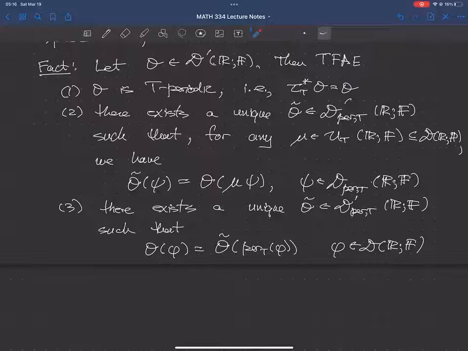Okay, so conditions 2 and 3 give us both connections between distributions that are T-periodic and periodic distributions. And so fortunately, those things are the same.